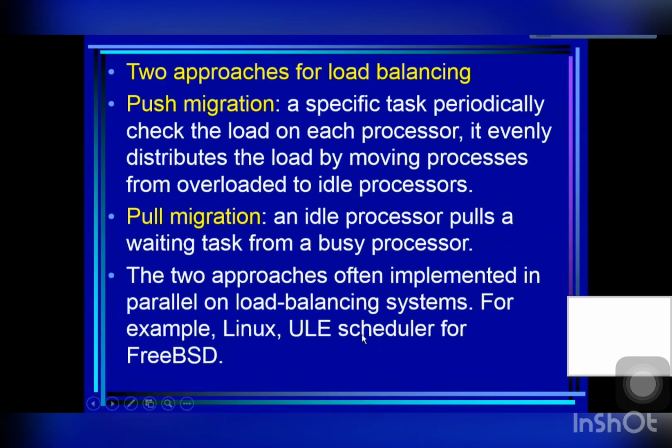Push and pull migration need not be mutually exclusive and are in fact often implemented in parallel on load balancing systems, for example, the Linux scheduler and the ULE scheduler for FreeBSD.